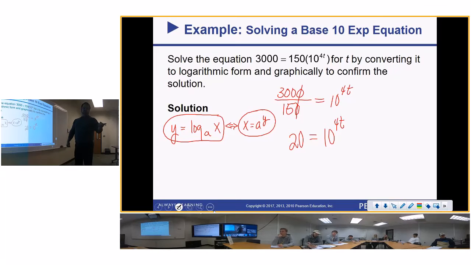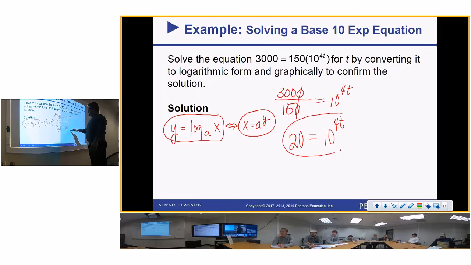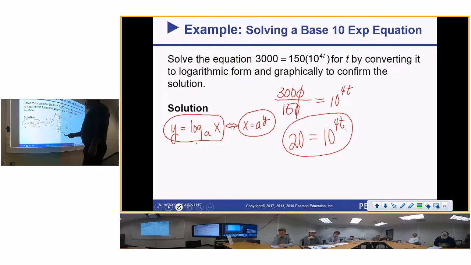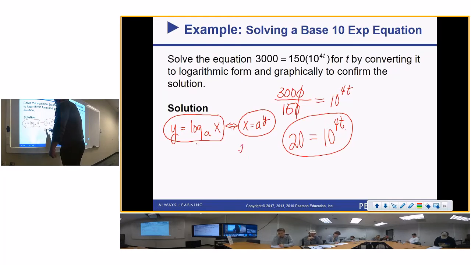What do I have on the right side? An exponential equation. I have this as an exponent, so I bet I could rewrite this. So 20 is equal to 10 to the 4t power.